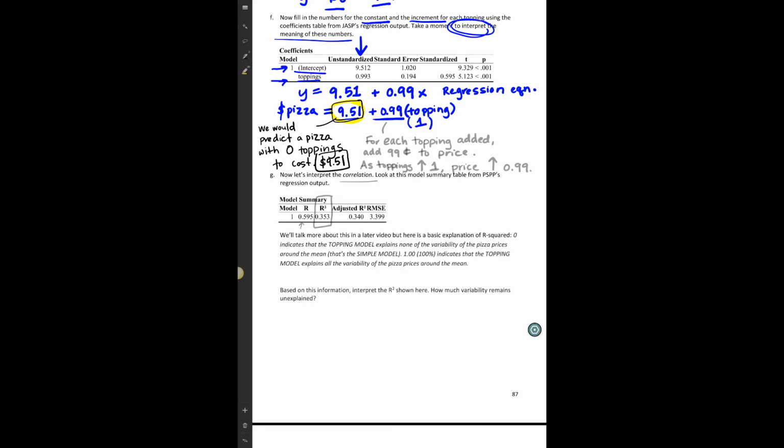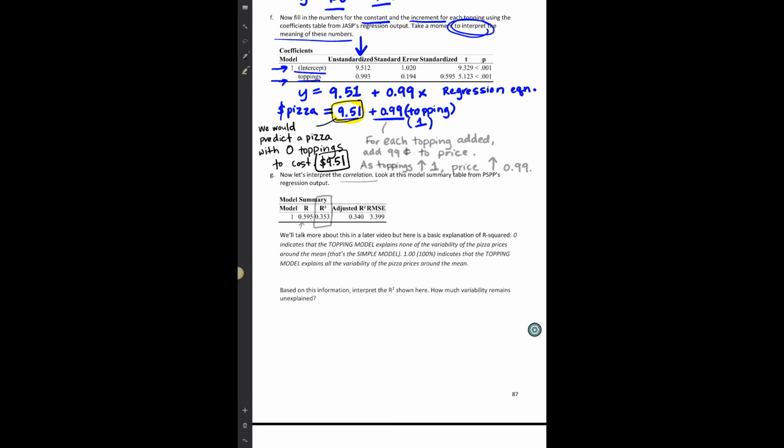A 0 means it's explaining 0% of the variability. On the other hand, if it said 1.00, then that would mean that our model is explaining 100% of the variability in pizza prices that we see.